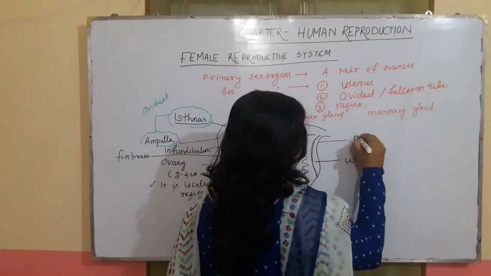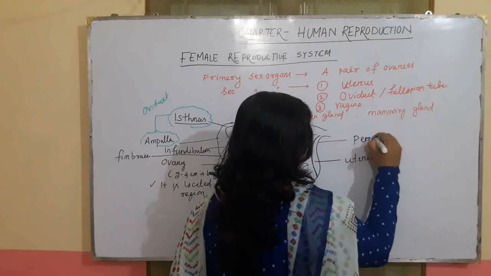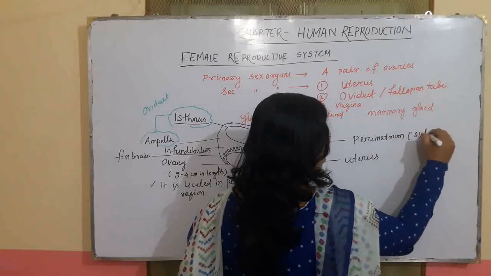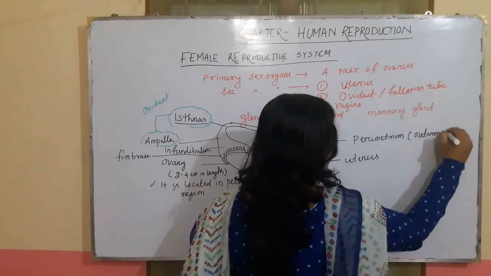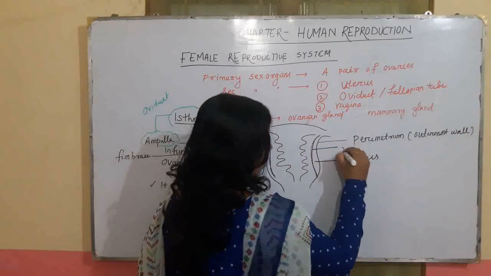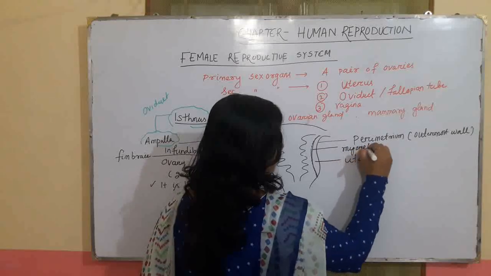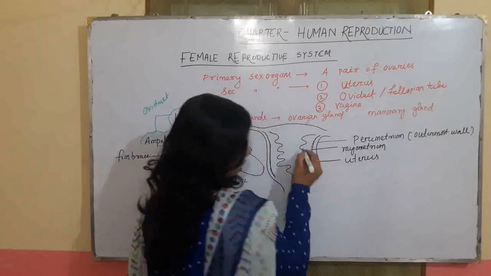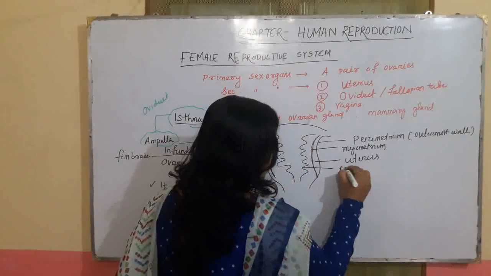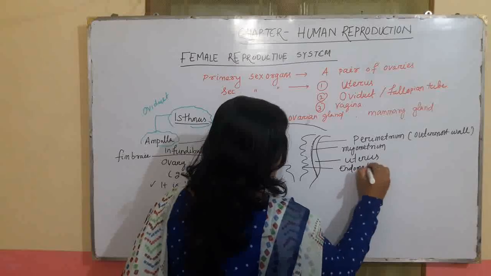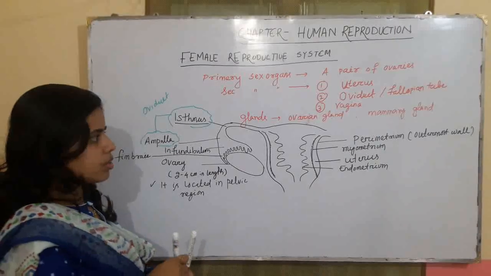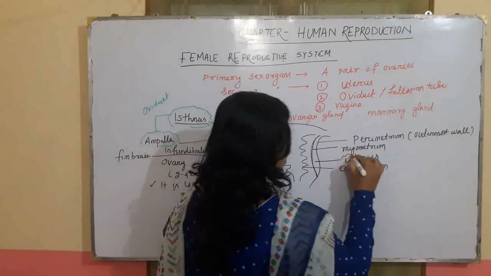The first outer wall is called the perimetrium. This is the outermost wall. The middle one is called the myometrium, and the inner wall, which is folded in nature, is called the endometrium. So these are the 3 walls of the uterus.